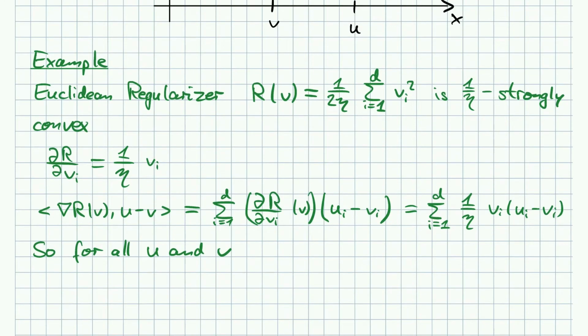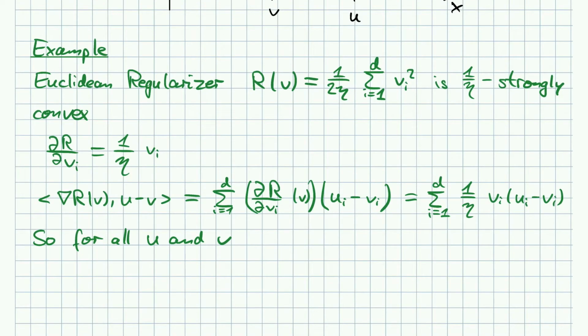If we now take the dot product of the gradient at v and u minus v plus 1 over 2 eta times the norm of u minus v squared, and by that I mean the L2 norm, that's something that we can just calculate.